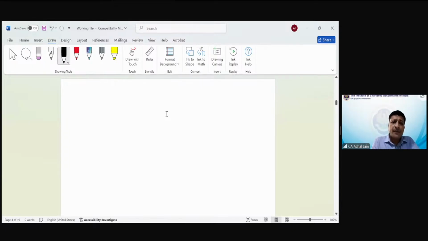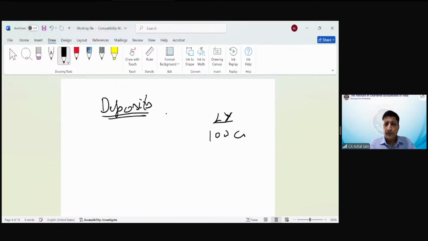Say last year, deposits which the bank received were 100 crore. Okay, current year deposits which the bank has received are 110 crore.